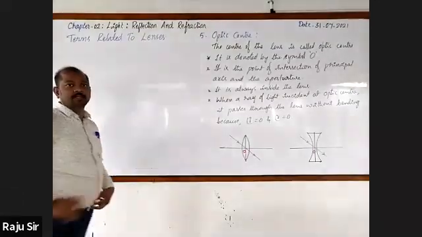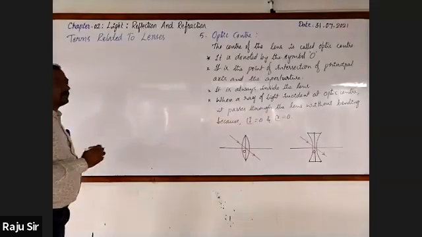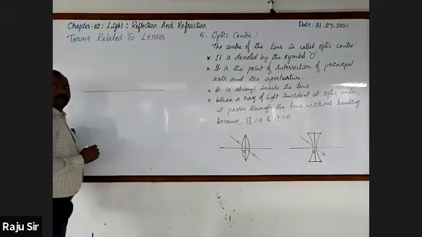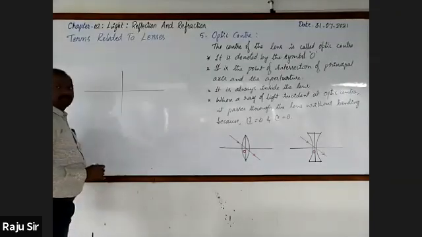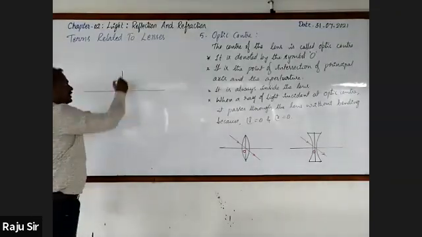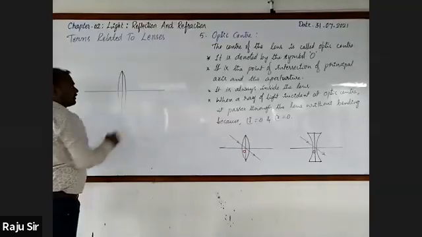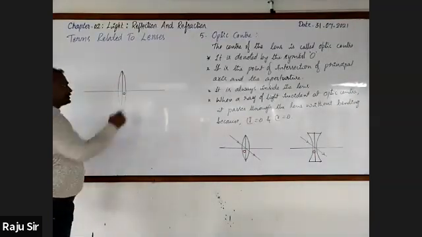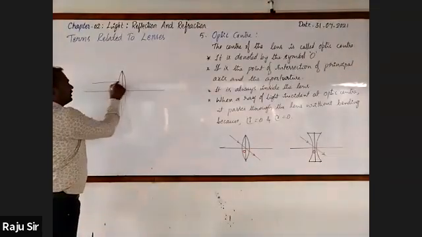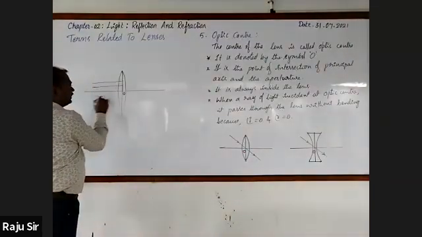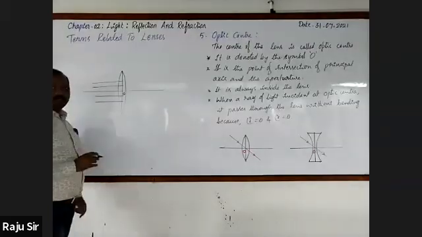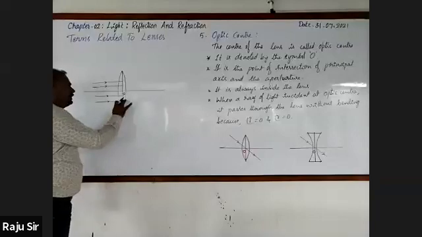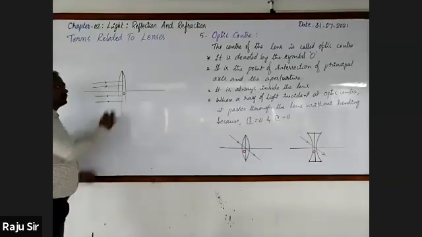The next term is, wait. Principal axis, aperture, convex lens, optic center. These are the parallel beam of light, or parallel rays of light, incident on the lens.